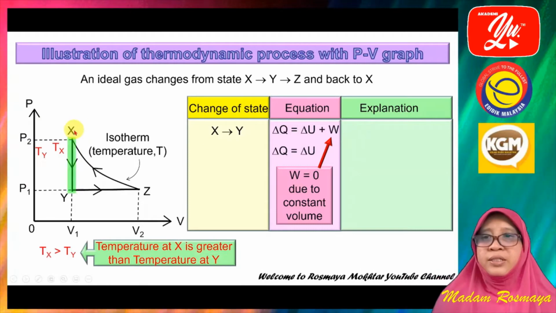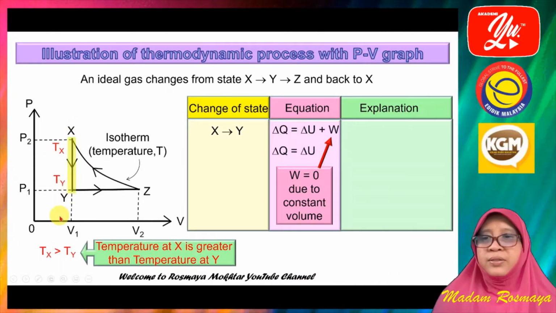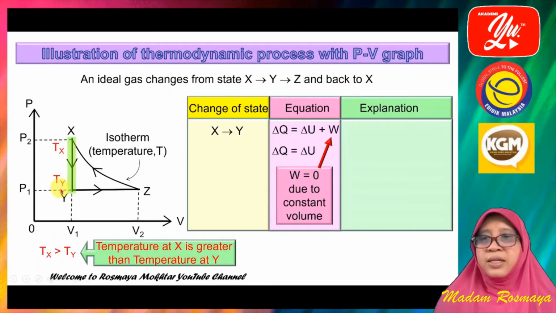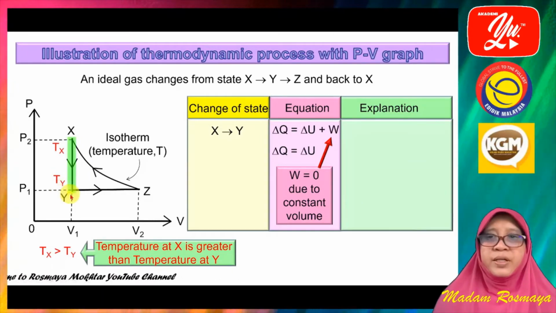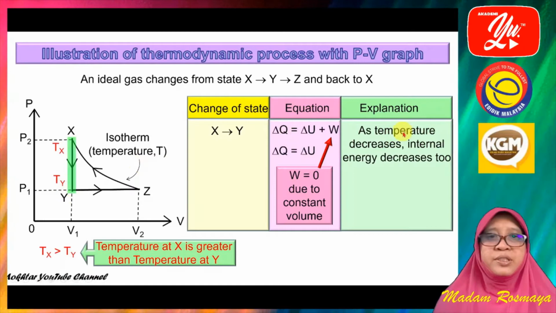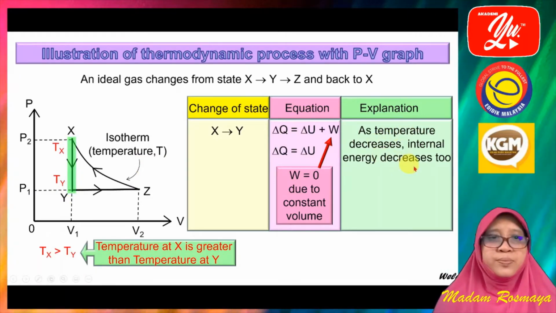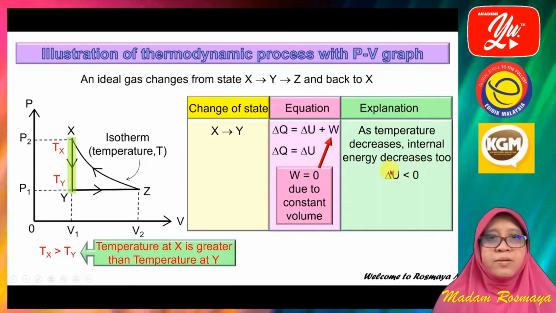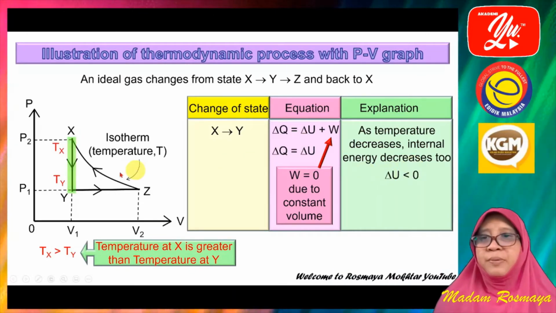Okay, the temperature at X is Tx, temperature at Y is Ty. Tx is larger than Ty, so the temperature decreases. So internal energy will decrease too, because the temperature decreases.